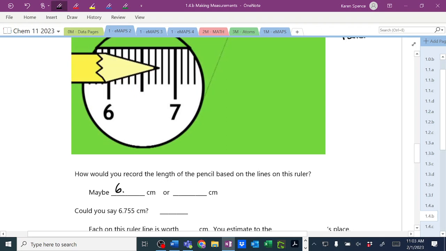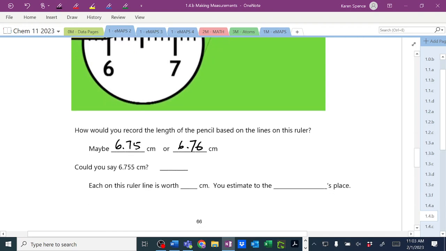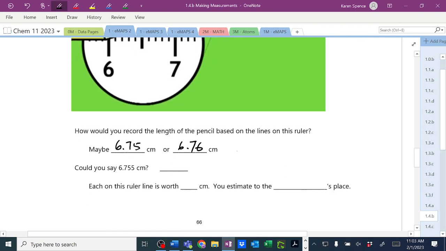Yeah, we could have 6.75, we could have 6.76, and you see those ones are only off each other by 0.01, which means that is more precise than the previous ruler, which was off by 0.1.